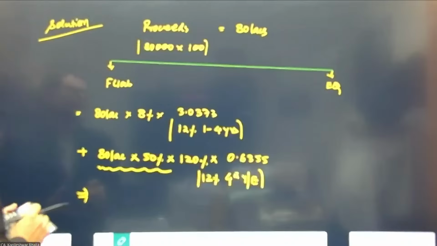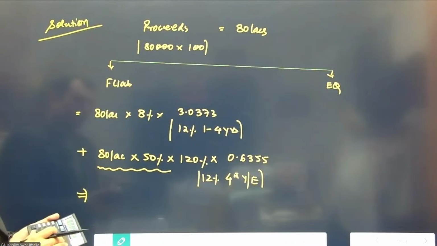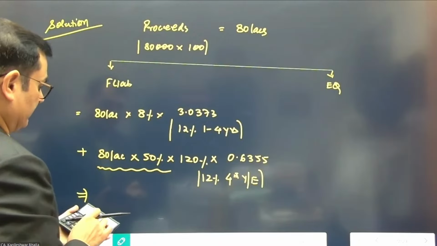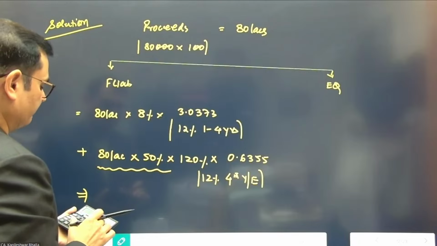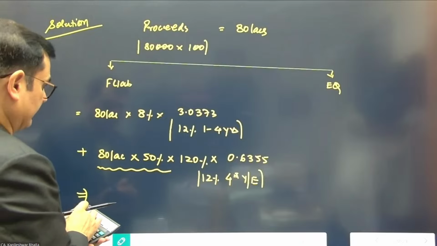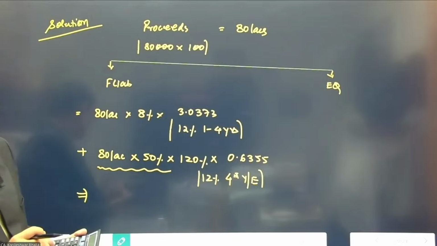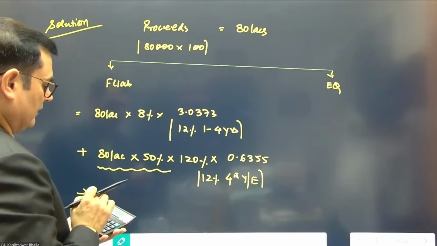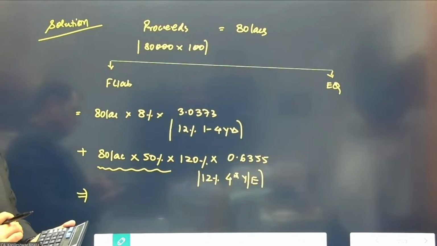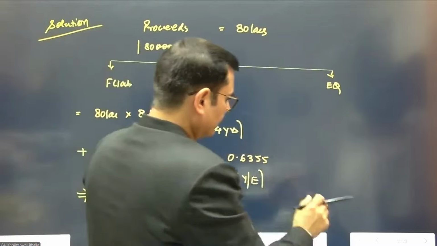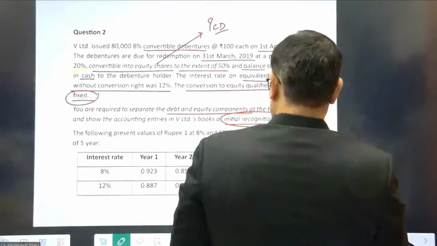So let's see what is the financial liability element. So this is going to be, I guess, 80 lakhs into 8% into 3.0373. That's 19.43, 19.44, we can take it. I think it is coming approximately around 49 point something. Just check the inputs. Yes, but I think the discount rates are already given, so I think we should take that.